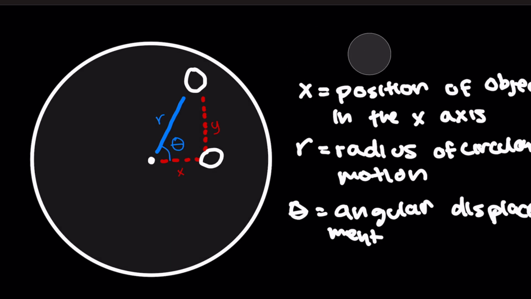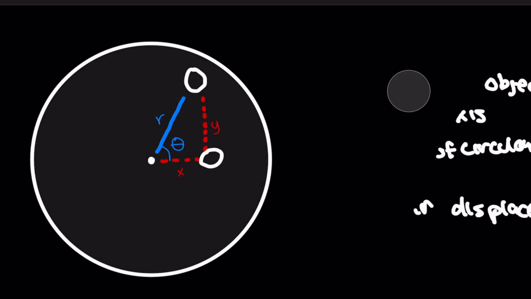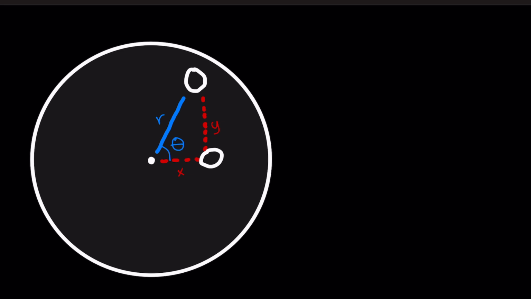So what about this is important in our derivation? Well, in trigonometry, we're given this equation: cosine of theta is equal to adjacent divided by hypotenuse. If we insert the current variables into this equation, the adjacent would be the x position, and the hypotenuse would be the radius.